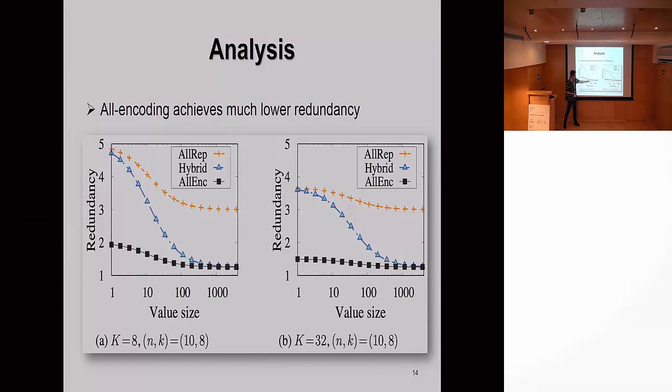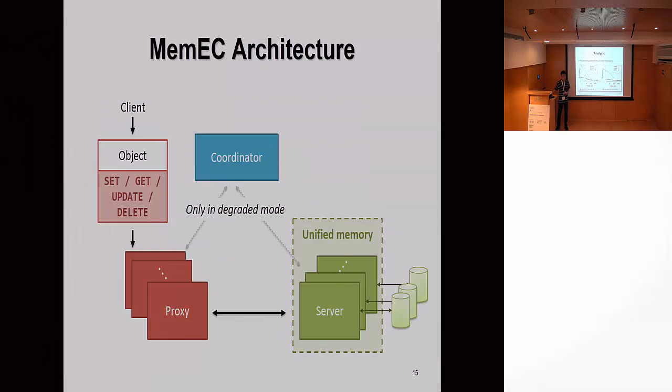Although when the value size becomes large, for both the hybrid and all-encoding, it will converge to n over k. But for small value size, we have an advantage of limiting the redundancy. Same thing happens for other key sizes, and actually in the paper we also studied another set of (n, k) to show that our approach has limited redundancy.